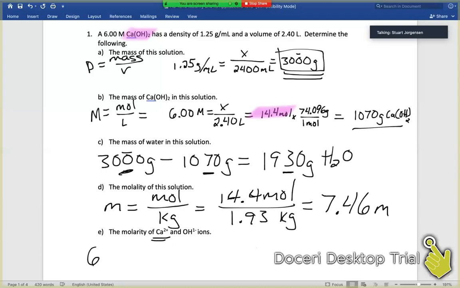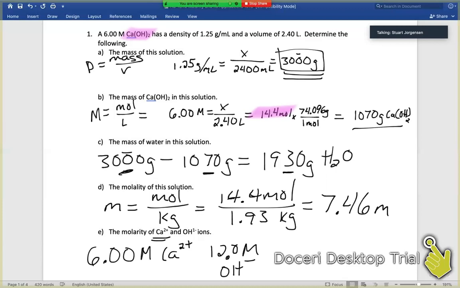It's going to be 6.00 molar for just the calcium 2+ ions. But for every calcium hydroxide, you get 2 hydroxide ions in solution. So for just the hydroxide ions, it would actually be that 6 molar doubled. So it's going to be our 12.0 molar on our hydroxide ions.